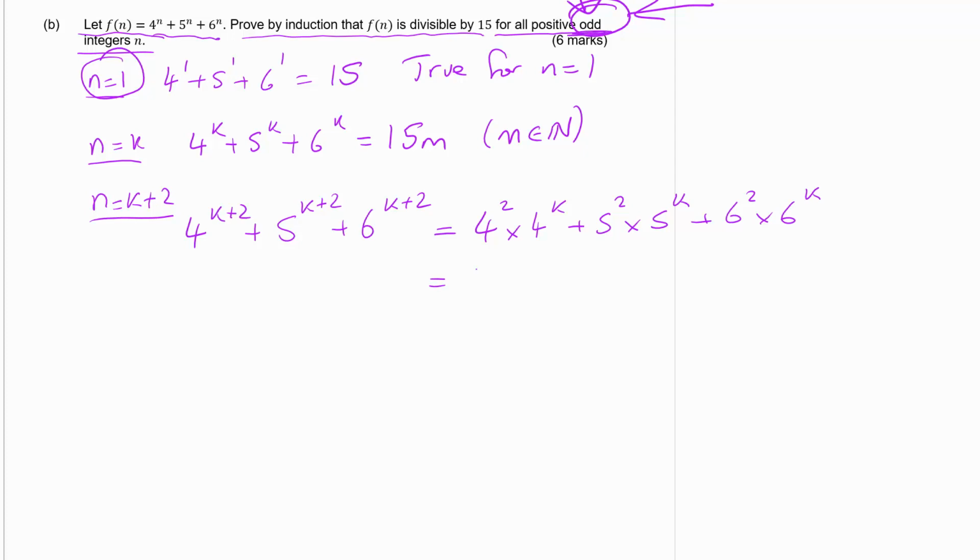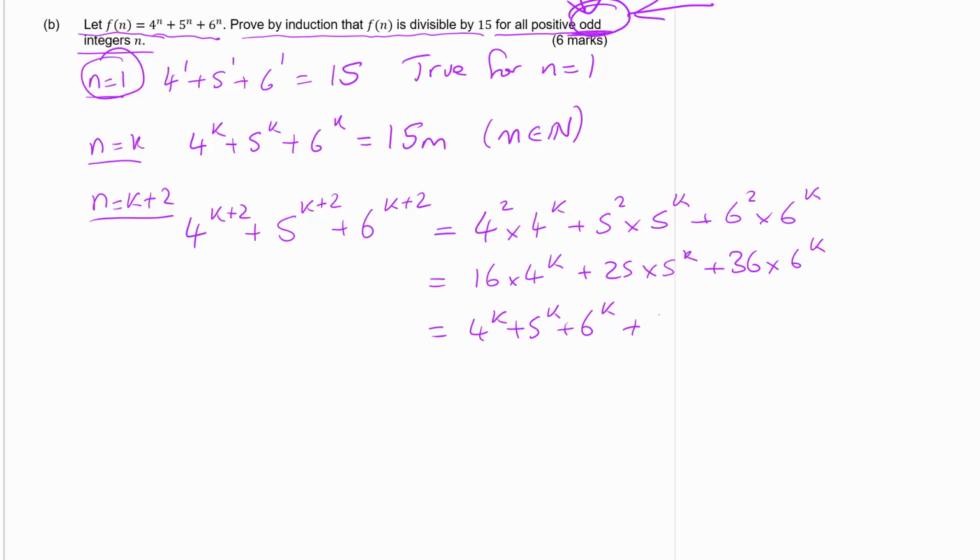So that's 16 times 4 to the k plus 25 times 5 to the k plus 36 times 6 to the k. Now, there's definitely a trick at this point, and if you do it differently, you're going to go all over the place. What we want to do is just take out a 4 to the k, a 5 to the k, and a 6 to the k.